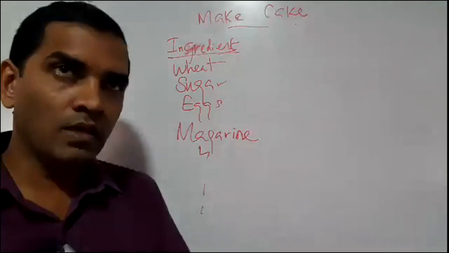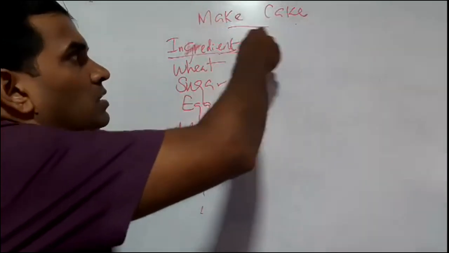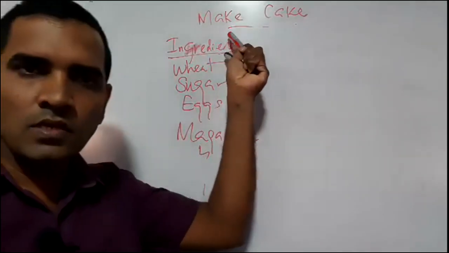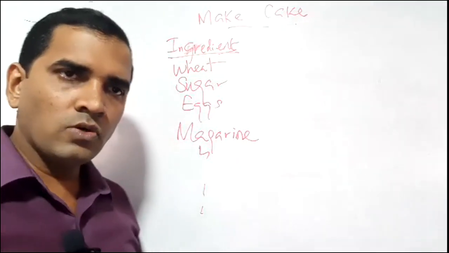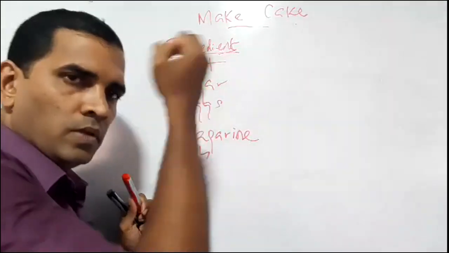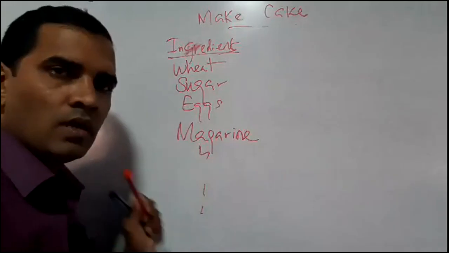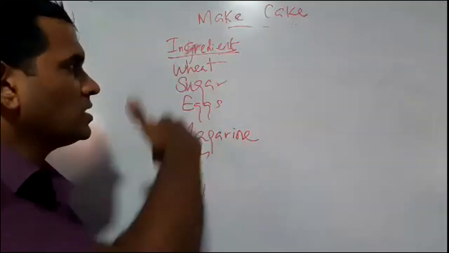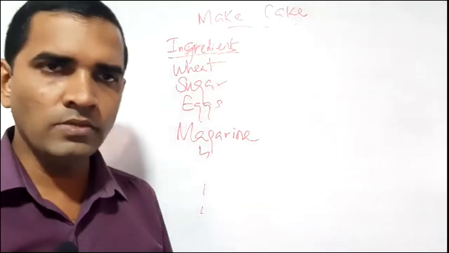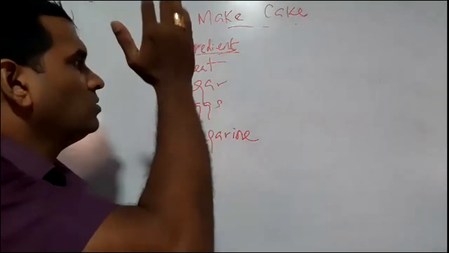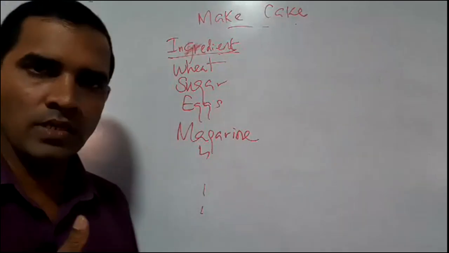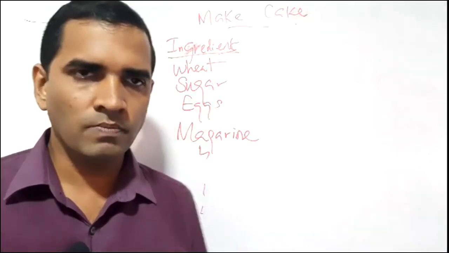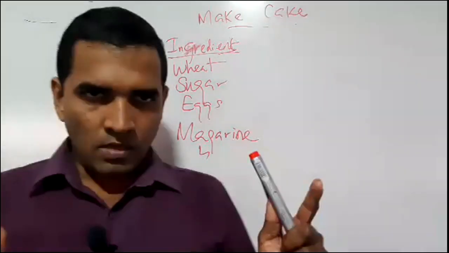Listen to me carefully. This is my task, making a cake. In order to prepare a cake, I need plenty of ingredients, but I have taken some of the most commonly used ingredients: wheat flour, sugar, eggs, margarine, water.